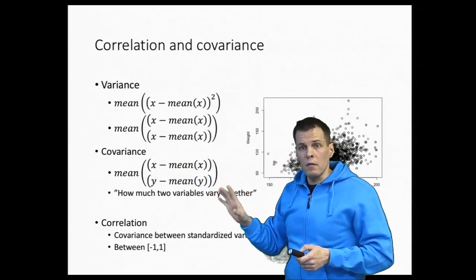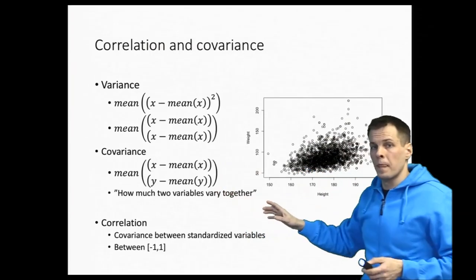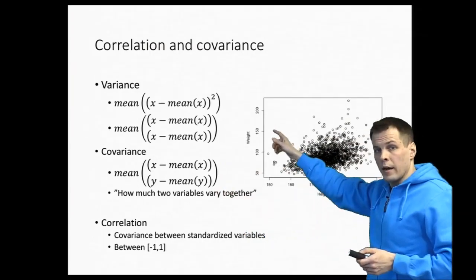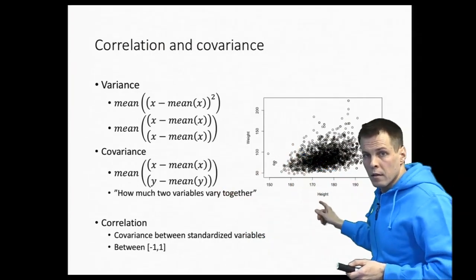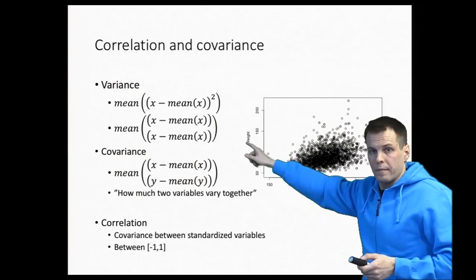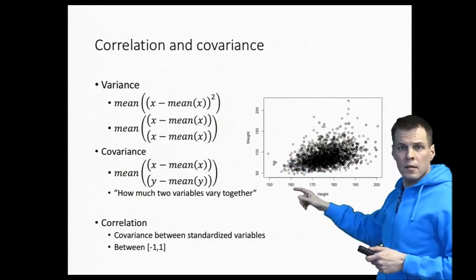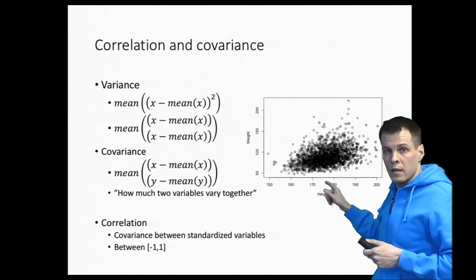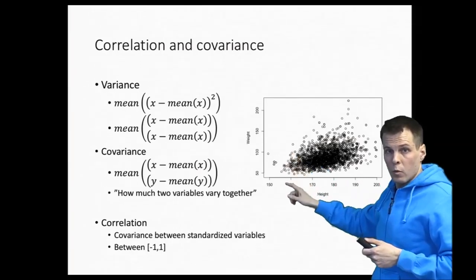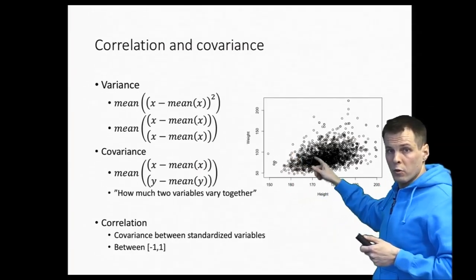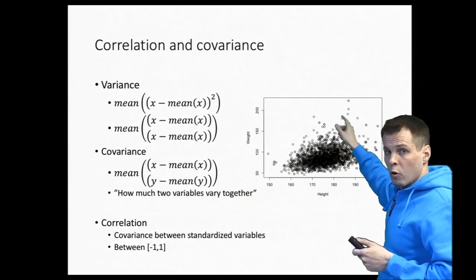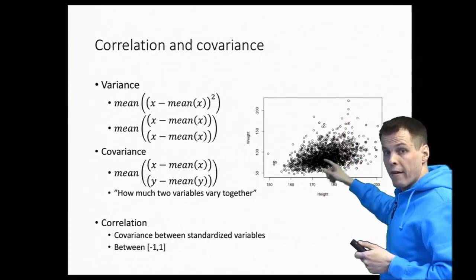Then we have another statistic called covariance. So here we have data on height and weight. The covariance tells us how strongly a person's height is related to the person's weight. So we can see here that those people who are taller tend to also be heavier. So there's a covariance here.